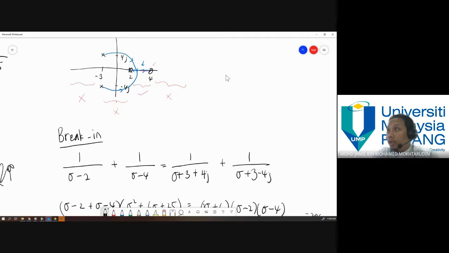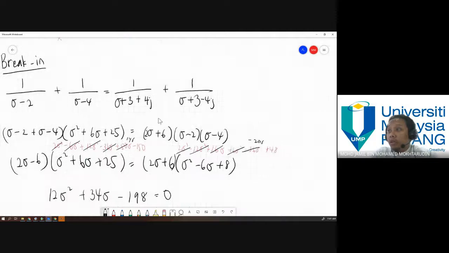One of the points is here, 2.8, and another one is negative 5. From this sketch, the only breaking point is this one, the 2.8. The other one is not a breaking point because of the rough sketch that we have.